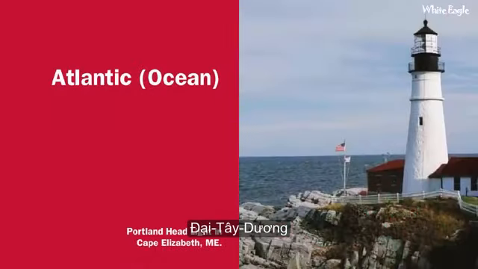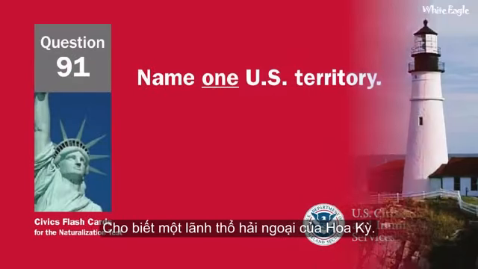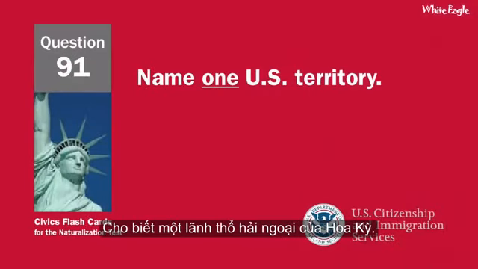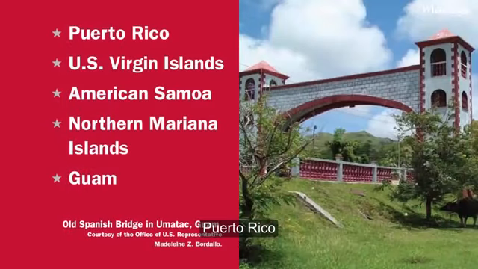Atlantic Ocean. Name one U.S. territory. Puerto Rico, U.S. Virgin Islands, American Samoa, Northern Mariana Islands, Guam.